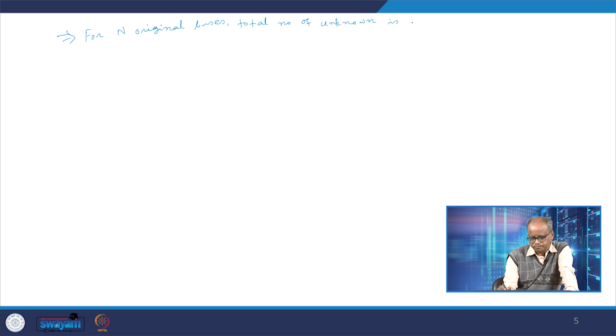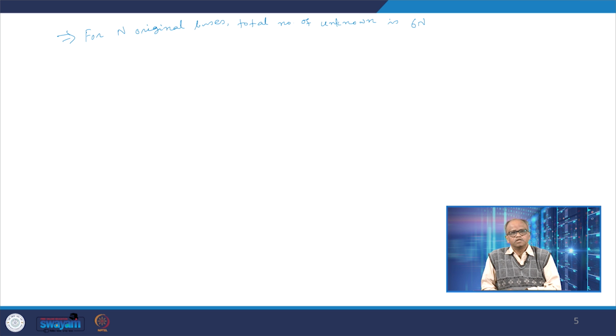So that means for n original buses, the total number of unknowns is 6n, because at every bus there are 6 unknowns.